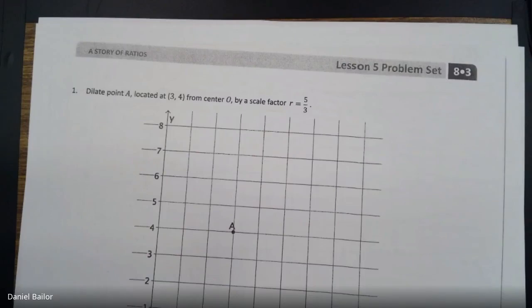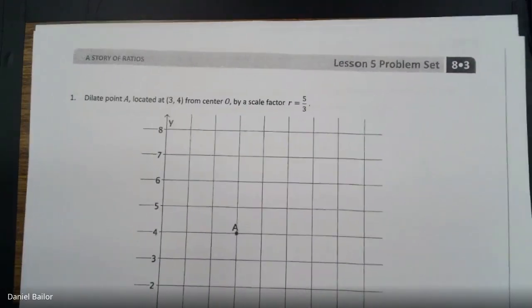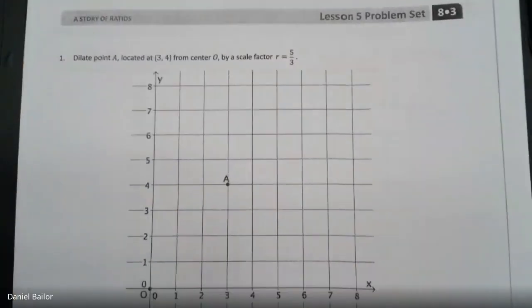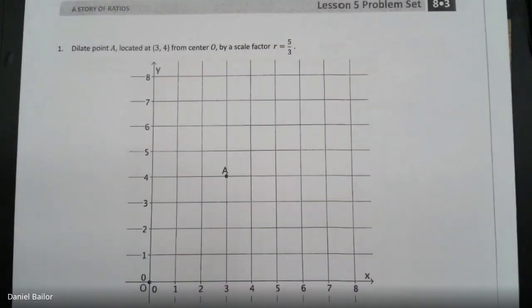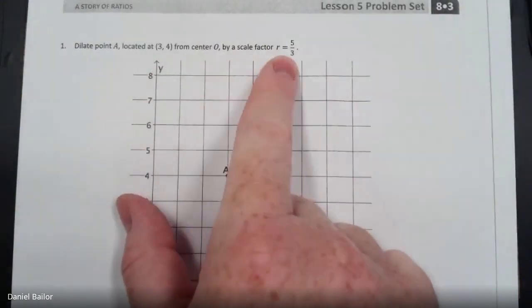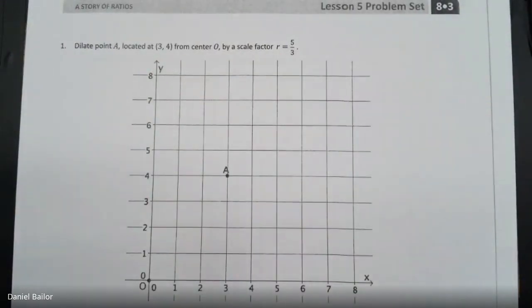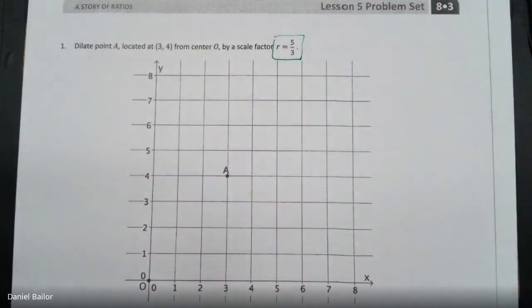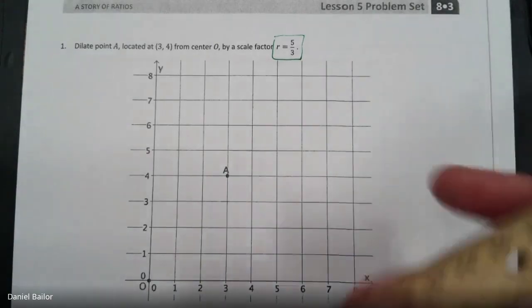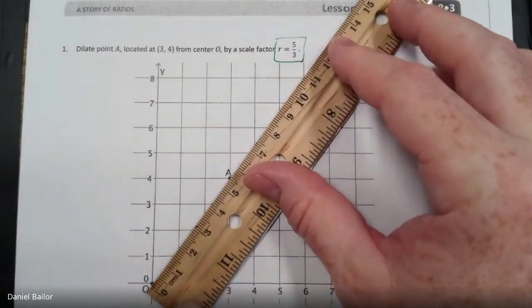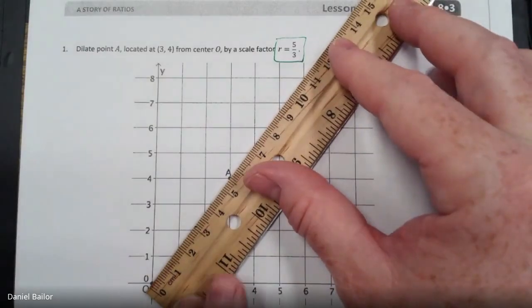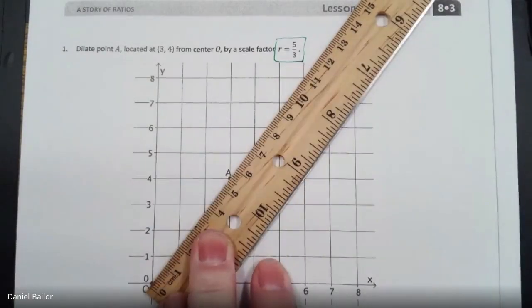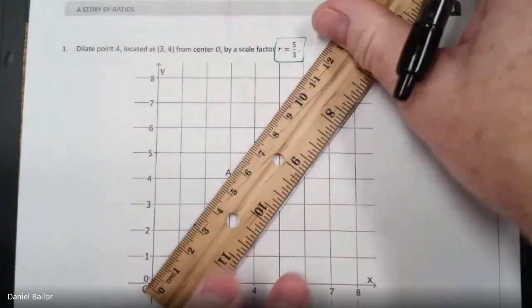Now page 57 is the start of your problem set, where number 1 says, dilate point A located at 3, 4 from center O by scale factor 5/3. So the scale factor is 5/3, and it wants you to dilate point A. If you follow this line, the answer has to be somewhere on that ray.